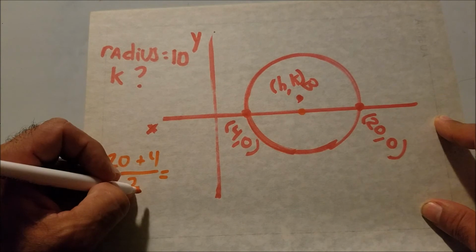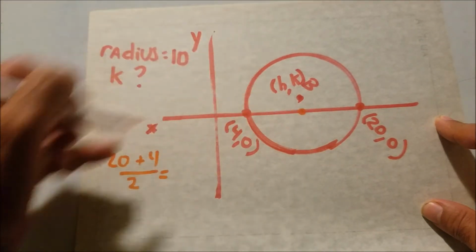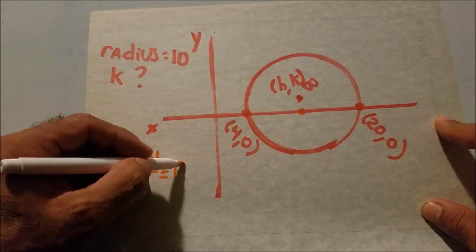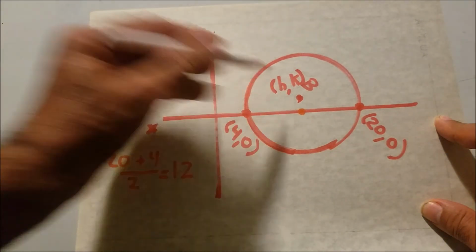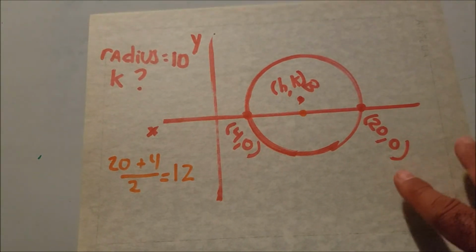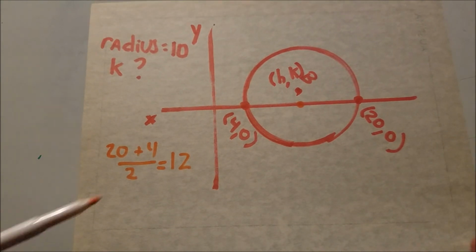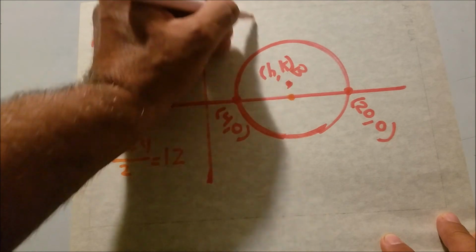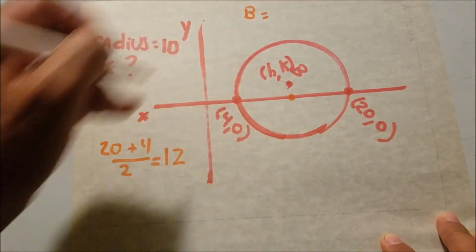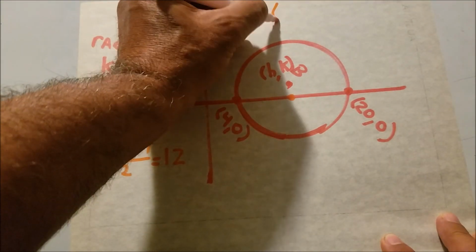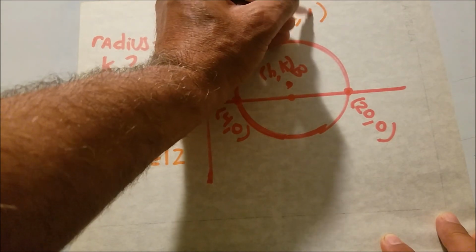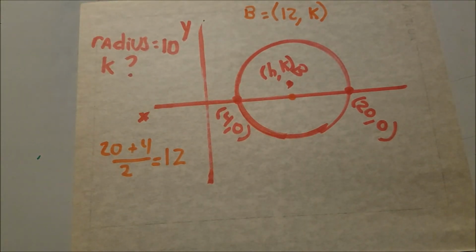And there gives us the midpoint value of 12, right? So we know already that h is 12. So that's using the midpoint. So we can say that b, the center of the circle, is going to be 12, and now we just need to find what is the k, what is the y term.